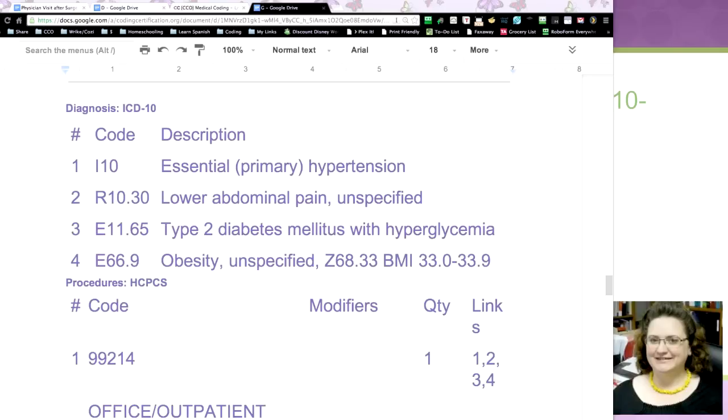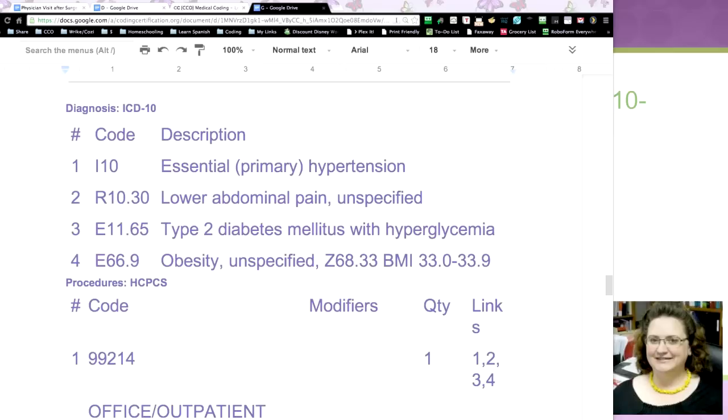Now, the patient has lower abdominal pain, and you can code left lower quadrant, right lower quadrant in ICD-10, but you can't code both. So there's not a code for right and left lower quadrant. So you're going to use R10.30, which is unspecified, but it actually means that when you read the small print, that it's multiple sites.